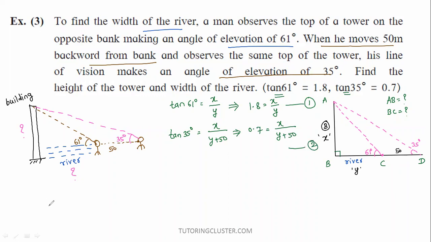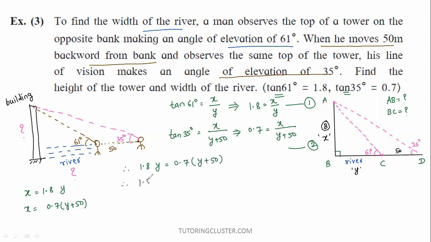From the first equation, X is 1.8 times Y. From the second equation, X is 0.7 times (Y plus 50).